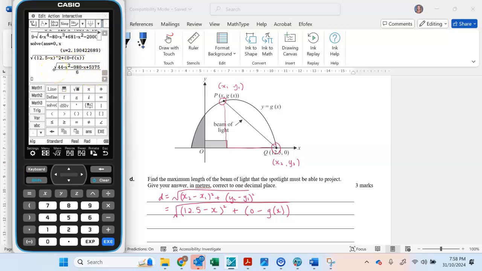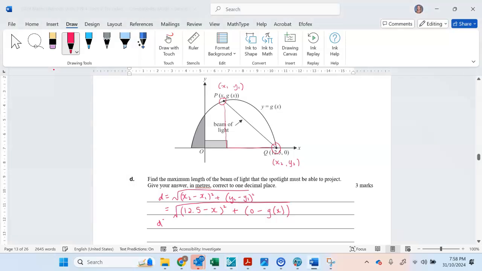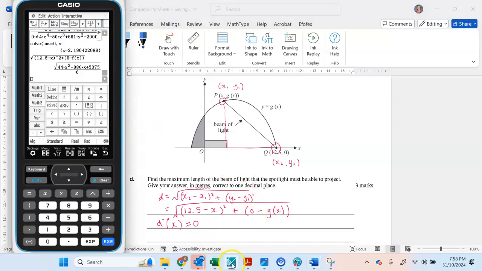Now, once we've got the distance from the distance formula, because we want the maximum length, we're going to have to find the derivative of that and let it equal 0. That's probably a key thing to also put down, because it shows you know how to find the maximum length.